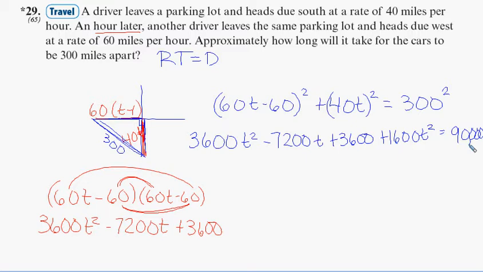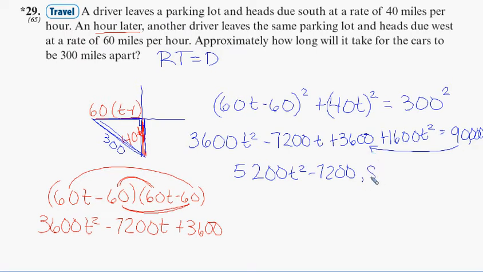However, I would recommend that when you collect your like terms, 3600t squared plus 1600t squared is going to give me 5200t squared minus 7200t. Bring my 90,000 over and have it join up with the 3600.